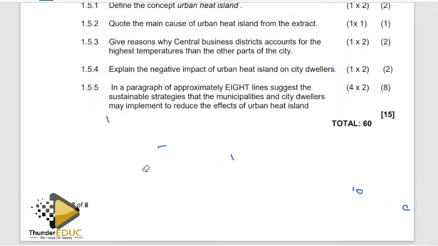You can talk of the creation of the parks where we introduce vegetation and water bodies so that the temperatures are lower.